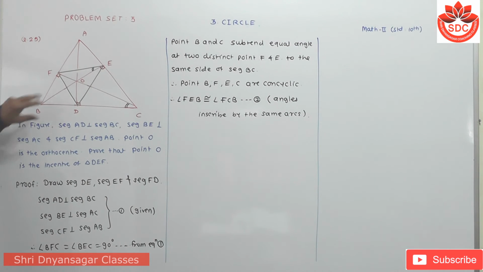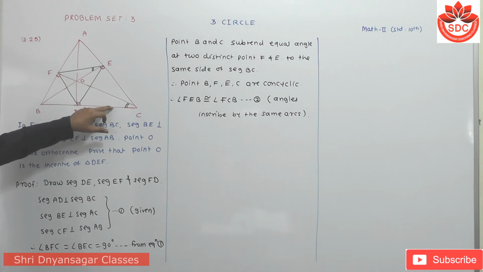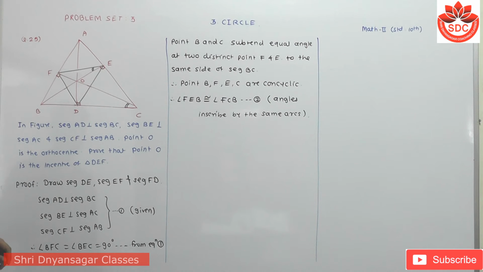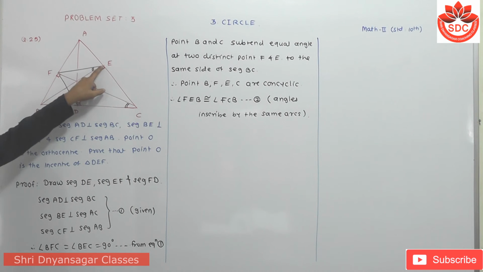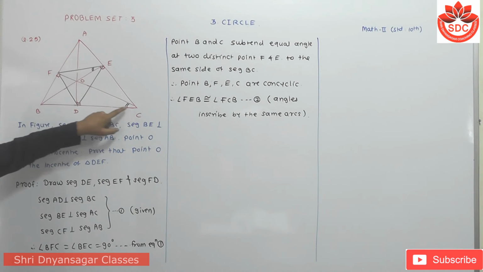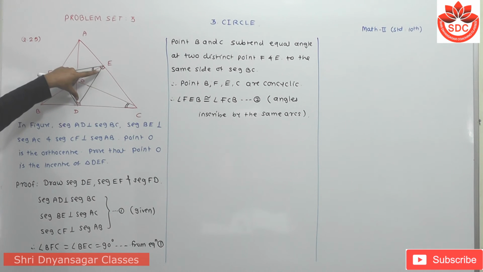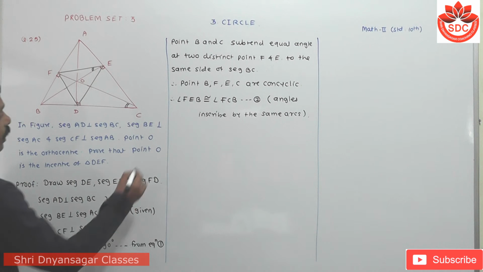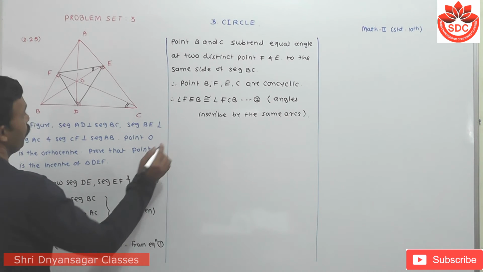Now, if these two angles are congruent, then look at this. Again, I have to take here these two angles, OEC and this angle ODC, is also a right angle. So here also I have to write from equation first, they are perpendicular.